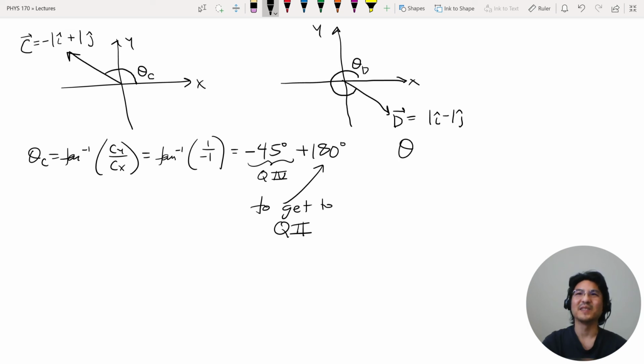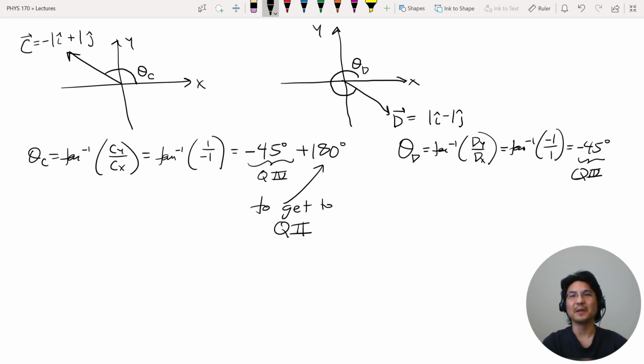Similarly here, let's say you want this angle. You plug in negative 1 over 1, and the calculator says negative 45, which is in quadrant 4. Then you say, yes, that's right, it's supposed to be in quadrant 4.